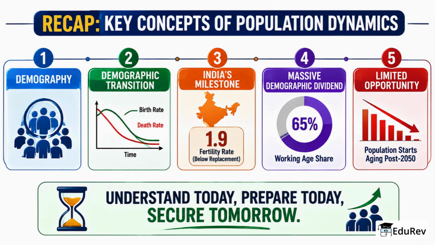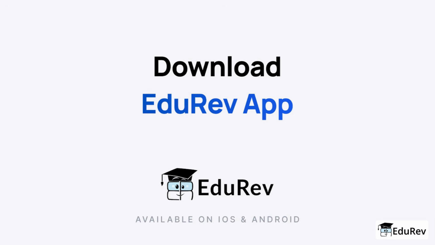Third, India has reached a major milestone. Our fertility rate is now below the replacement level at 1.9. Fourth, we currently possess a massive demographic dividend with 65% of our country in the working age share. And finally, this is a limited opportunity. Our demographic window will begin to close as India starts aging post 2050.